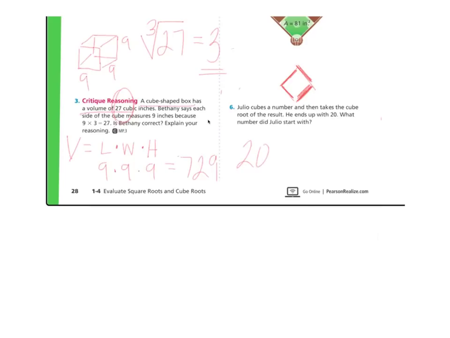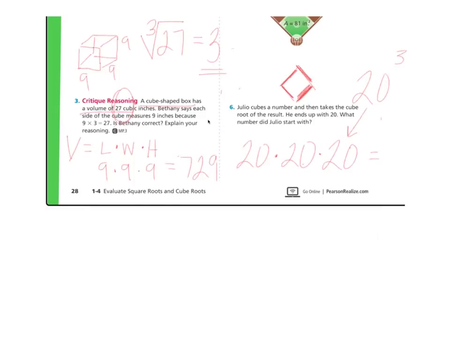If I tell you, hey, take the number 20 and cube it, there's 20 cubed. That's what that looks like. Exponents are just repeated multiplication: 20 times 20 times 20. That's a pretty big number, but you guys can handle that.